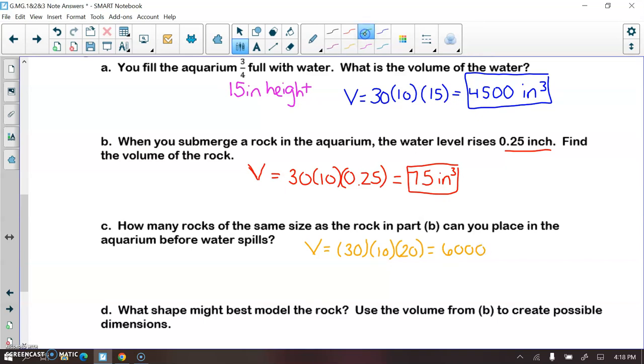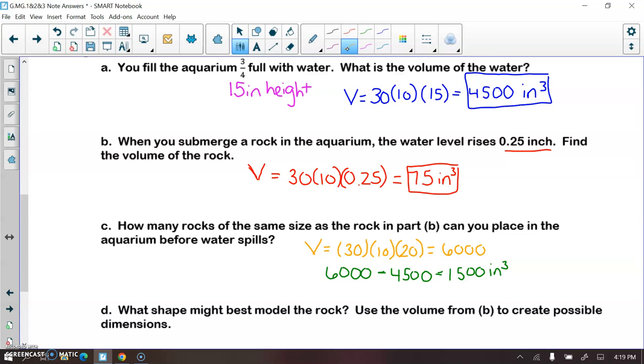Now, I only filled the aquarium up to a height of 15 inches. So if I do 6,000 minus the volume that I have already filled my aquarium to, which is 4,500, that means that I have 1,500 cubic inches left in my tank until the water gets to the top.